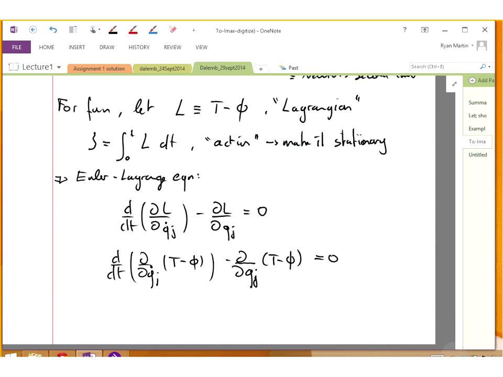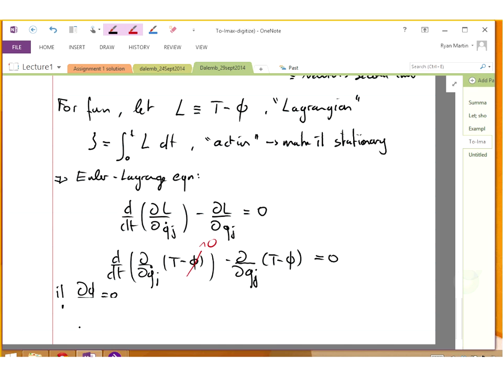Now, phi does not depend on the Qj dots in certain cases, so let's say we're restricting ourselves to gravity. So if di phi by di Qj dot equals 0, that means this term will fall out.